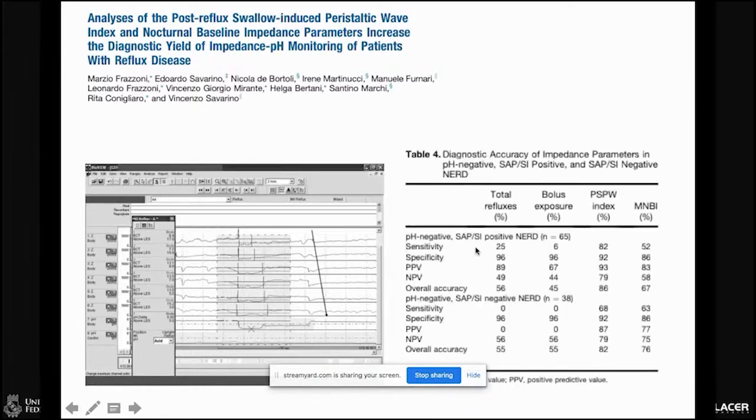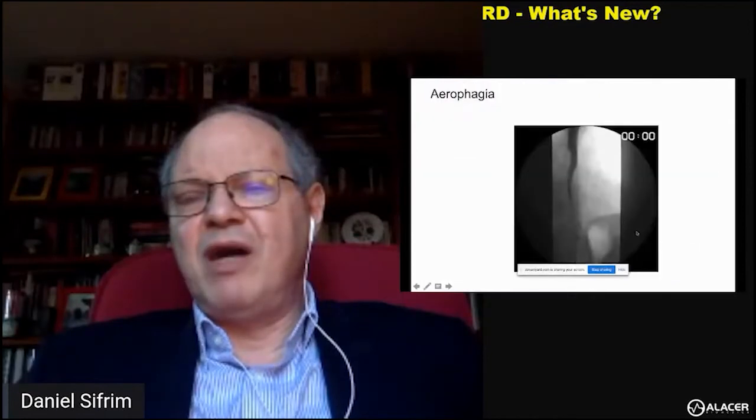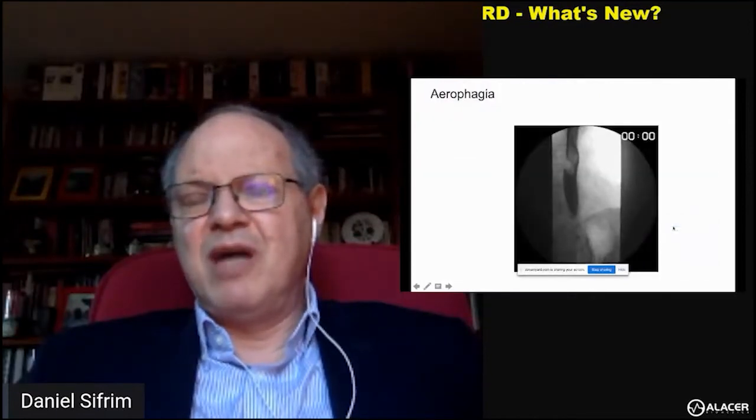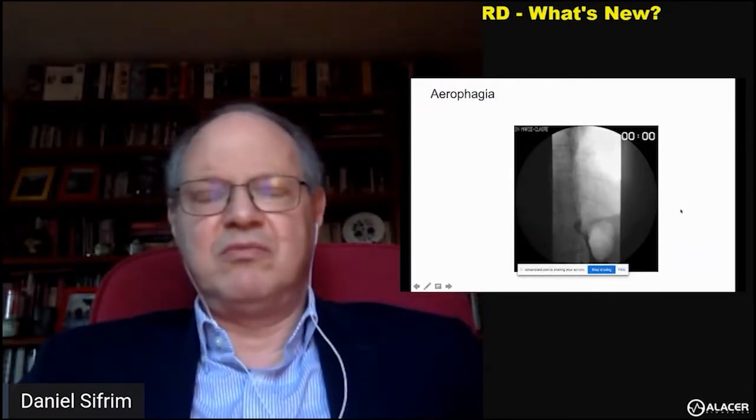But when they put together the MNBI and the PSPW as parameters to help make the diagnosis in a subject who has a negative pH metric, the acid exposure is normal, the reflux symptom association is negative, the endoscopy is negative, and they want to know if this patient is really symptomatic due to reflux or not, they find that the sensitivity and specificity is very good.